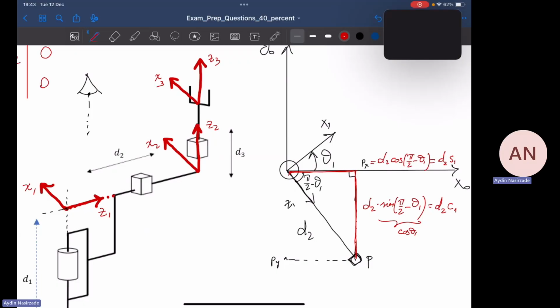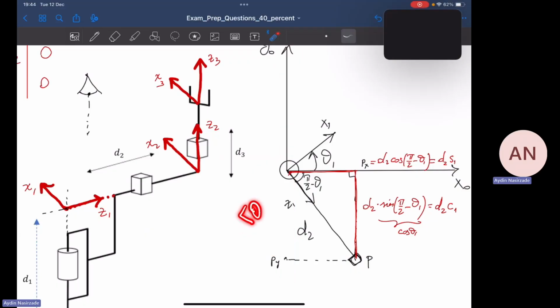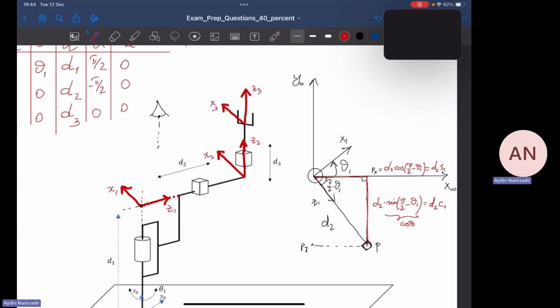But pay attention to the signs: it's positive along this axis x0, but this is point 0, this is the y0 axis, and beneath this point we have negative values. So Py is going to be minus d2 cosine of theta 1.